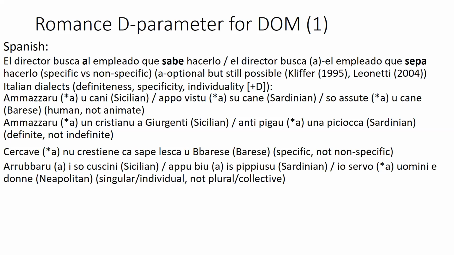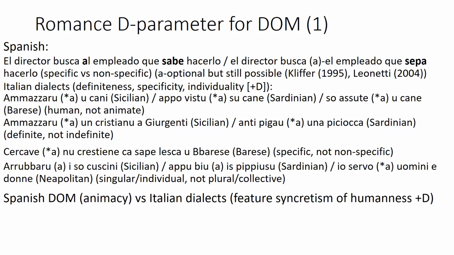In Neapolitan, you can say, io servo uomini e donne, but you would never say io servo a uomini e donne. So a here seems to mark singular or individual human nouns. If the noun is plural, even if it's human, it tends not to be marked by a either.